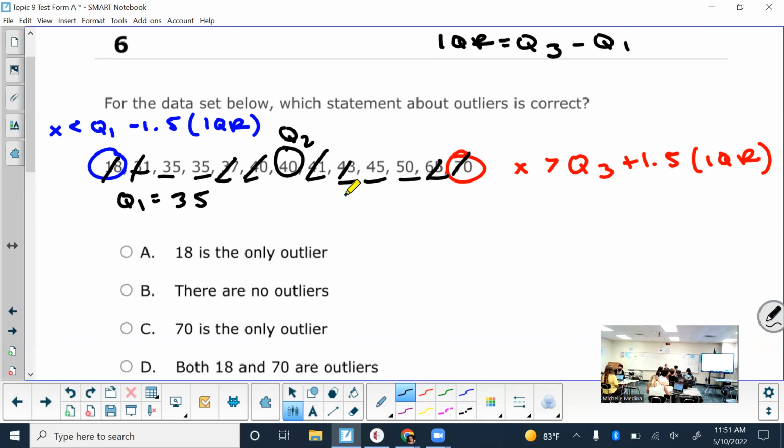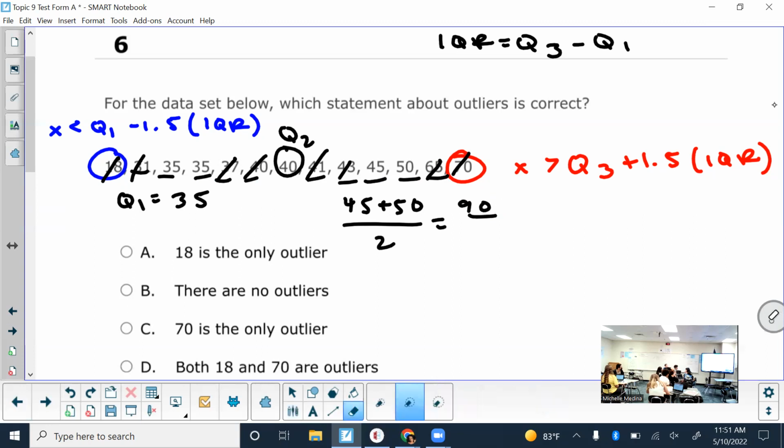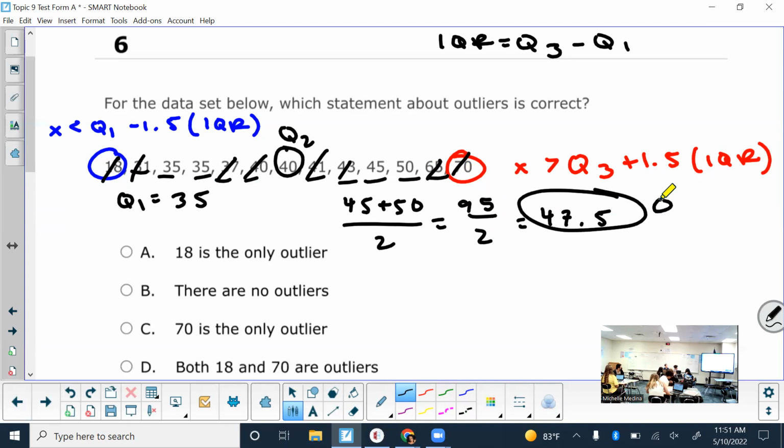What's the average of 45 and 50? 45 plus 50 is 95, you're right. And then 95 divided by 2 is 47.5, and that is my Q3.